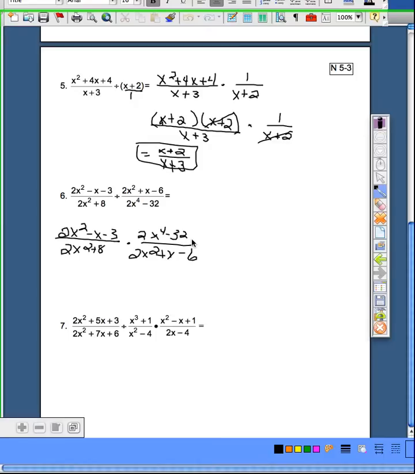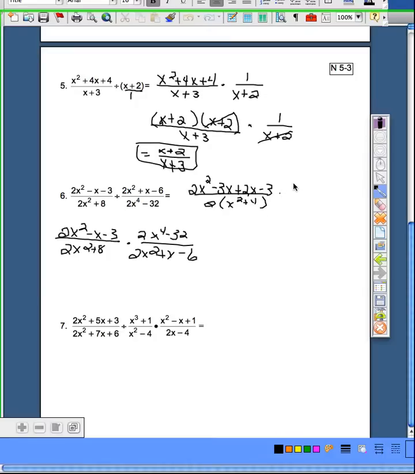Now, when we factor these, I'm going to go ahead and factor them here. The first one will factor as, I'm going to break it apart for grouping, 2x squared minus 3x plus 2x minus 3 over, and on the bottom I'm going to factor out a 2, x squared plus 4.